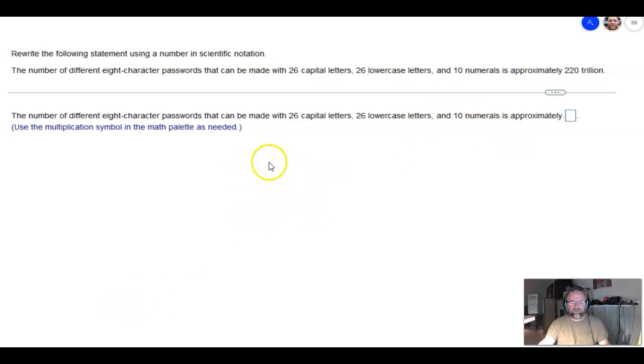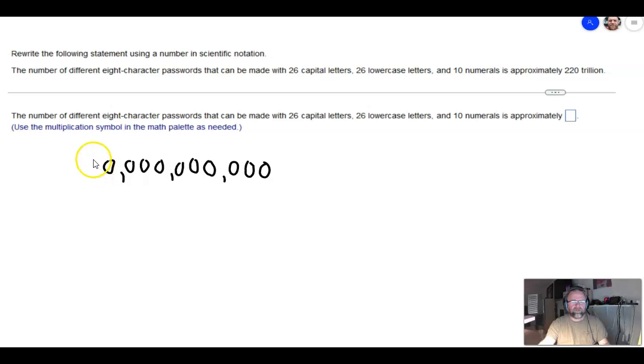I usually like to go from the right side of this number when I'm writing it out. So 0, 0, 0. All right, so that's going to be the hundreds, 0, 0, 0, and thousands, 0, 0, 0. So right now, if I put a 1 here, we would be in billions, but we want to go to trillions.